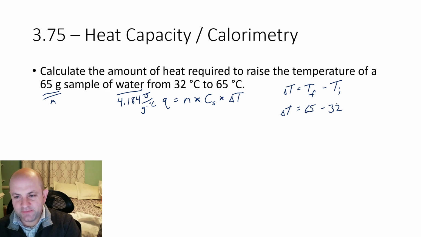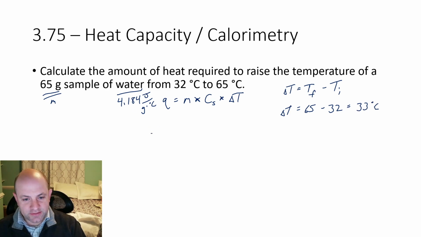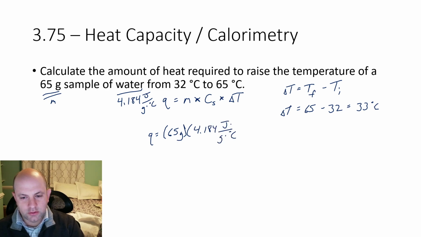So 65 minus 32, we end up with 33 degrees Celsius for delta T. Now we can plug that into our equation. Q is equal to 65 grams, times the specific heat for water, 4.184 joules per gram degrees Celsius, times our delta T, 33 degrees Celsius.